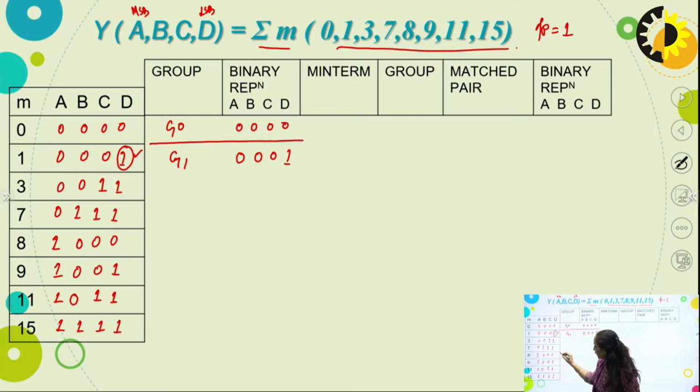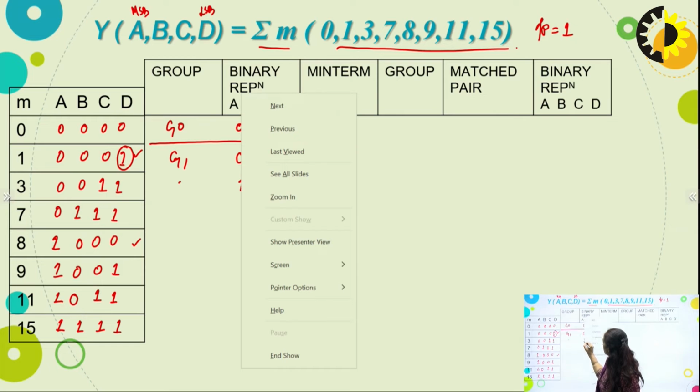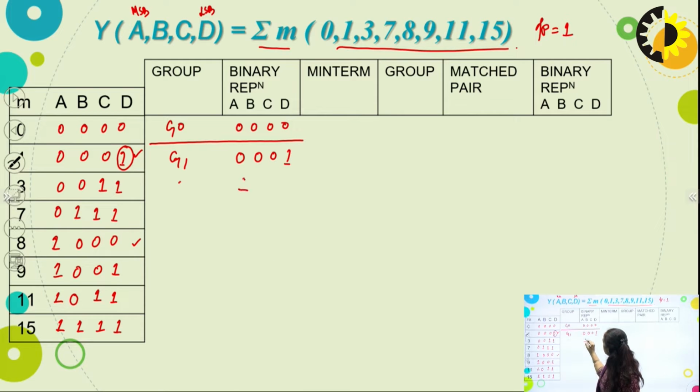Any other minterm? This 8, 1000. These two minterms have a single 1. This is my group 1.